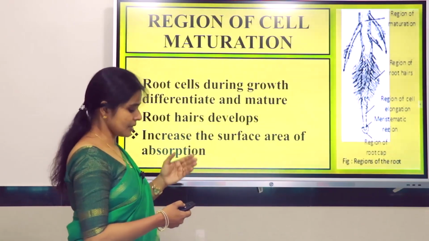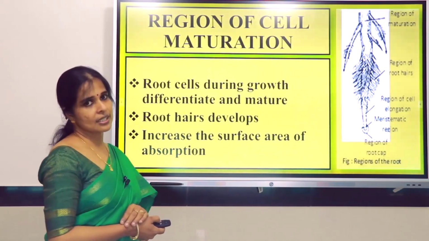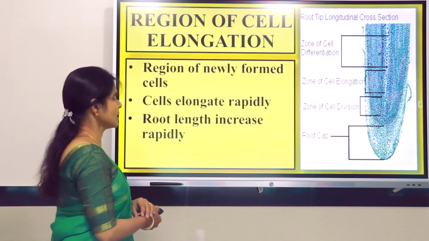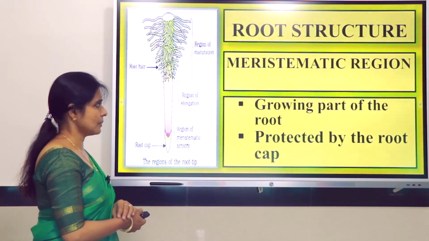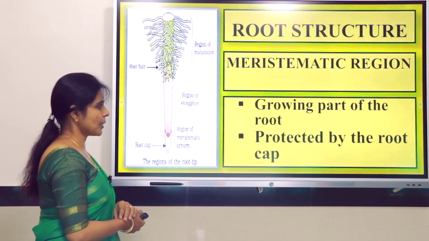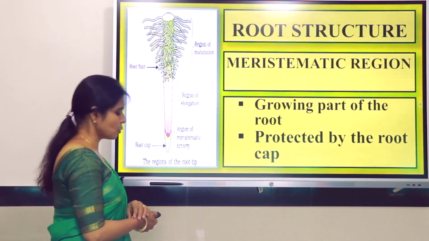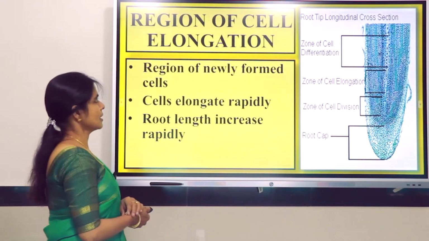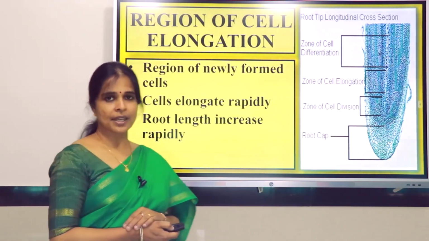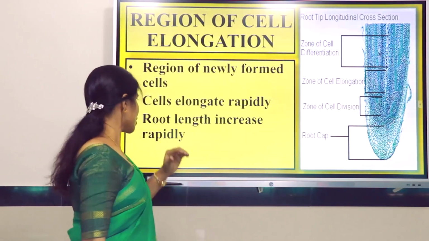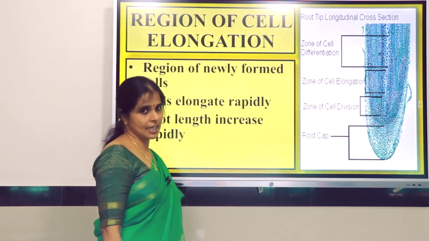So, these are the three regions generally present in the root, which we consider as the root structure. I am repeating it once again. Meristematic region, the growing part of the root which is protected by the root cap. Next is the region of cell elongation. The elongation of the cells takes place in that region, which helps the root to increase in length.